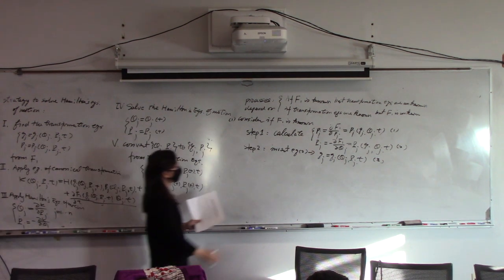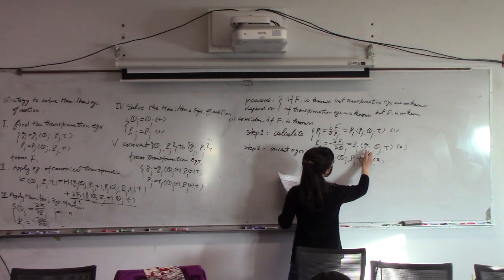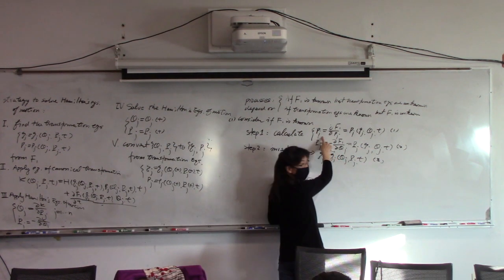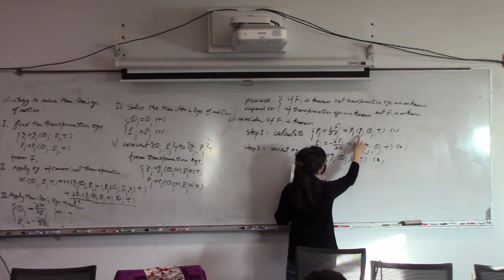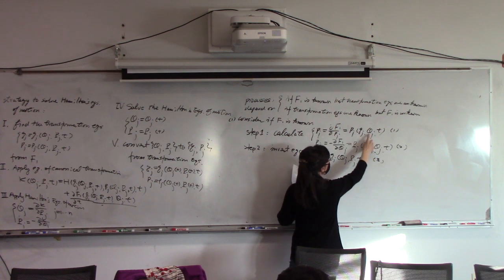Now the next one, we are going to find Pj. But this Pj is here already. However, it is a function of the old Qj, so we replace that with the new Qj and new Pj.